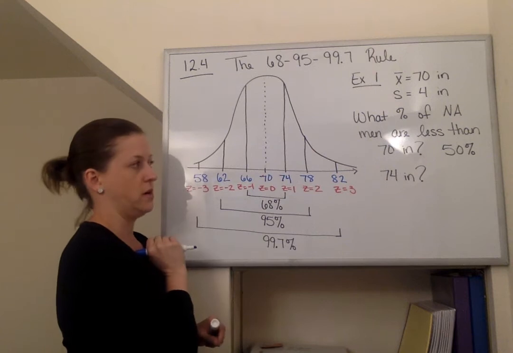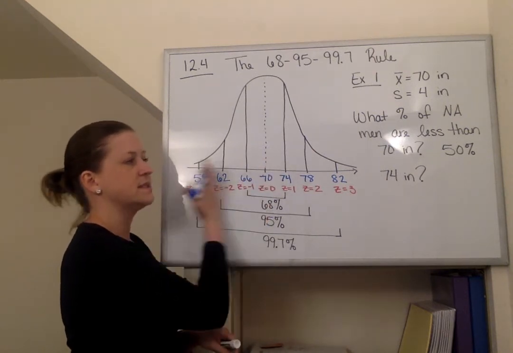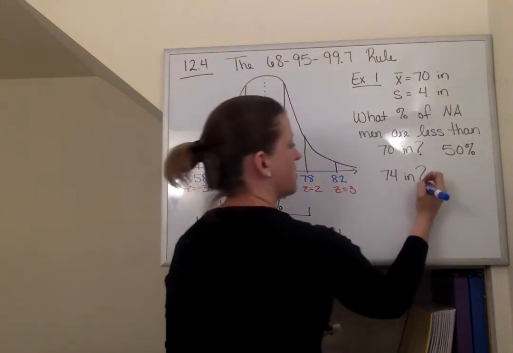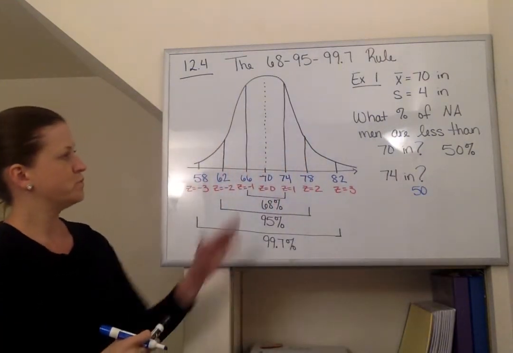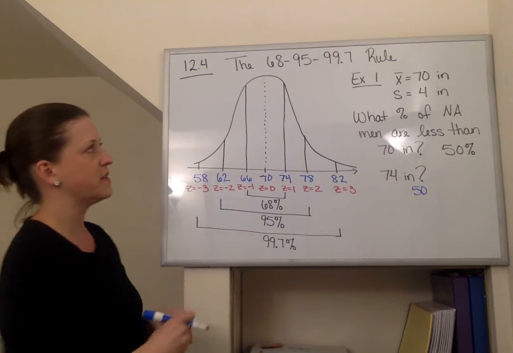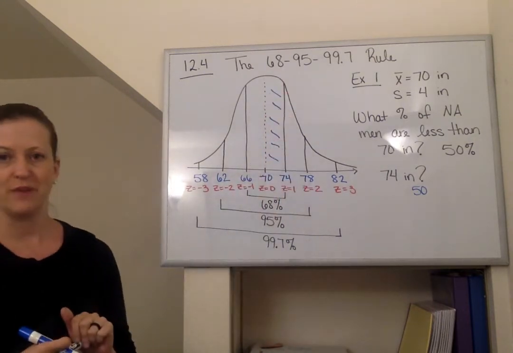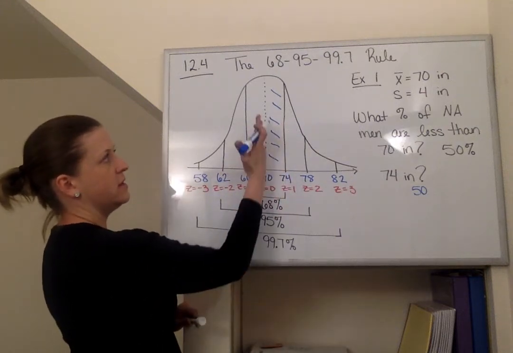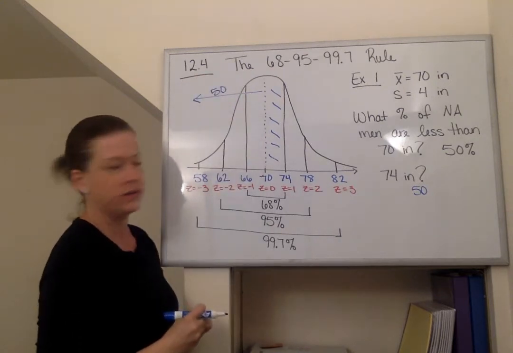So less than 70 is 50%, okay? So I'm going to mark that, 50%. So that's everything except for that region, right? So I'm doing everything from 74 less. Everything from here on is already 50, so we're good there.